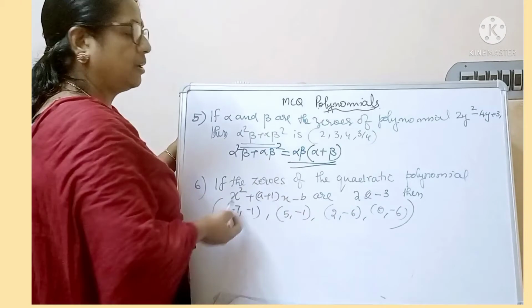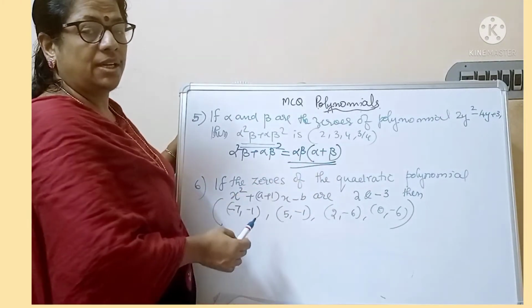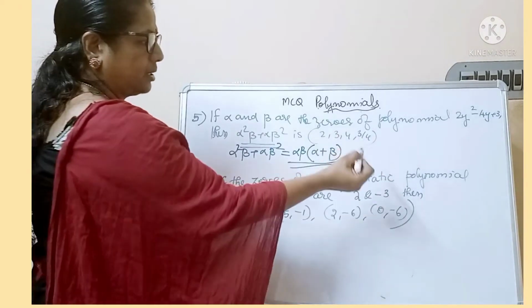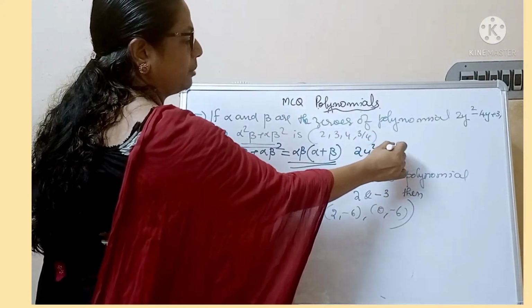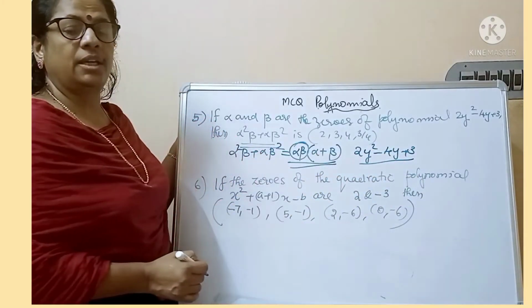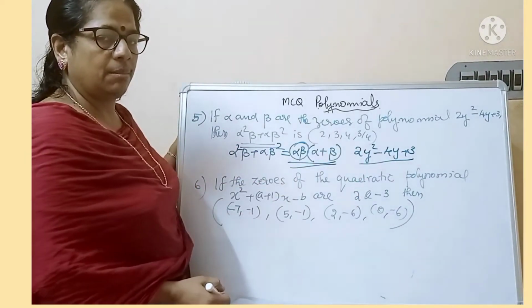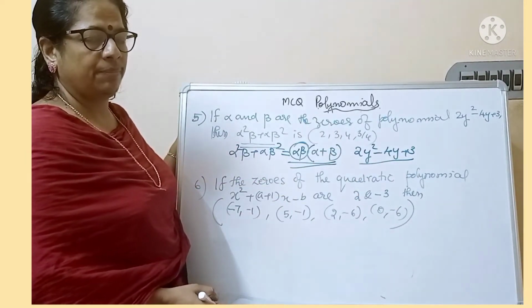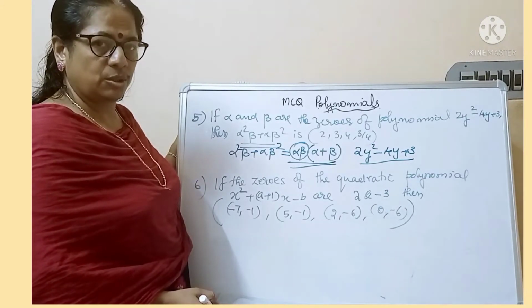So what is alpha beta? That is the product of roots. Alpha plus beta is the sum of roots. So from 2y square minus 4y plus 3, we want to find alpha beta and alpha plus beta. So what is b by a, minus b by a and c by a? Minus b by a is the sum of roots and c by a is the product of roots.